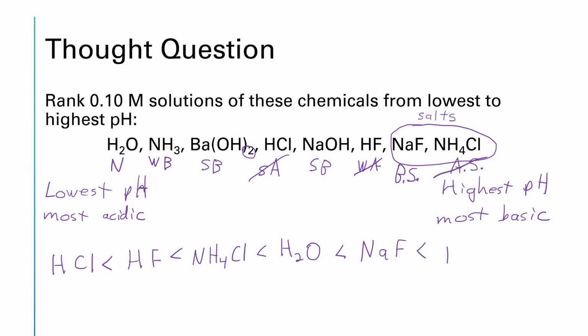We have the weak base ammonia. Let me go ahead and cross these off as we're writing them out. Basic salt, weak base, we already did neutral. So that leaves us the 2 strong bases. The monobasic base will come next, which is NaOH, and then that highest pH will come with the dibasic base, the one that gives us 2 hydroxides, the barium hydroxide.